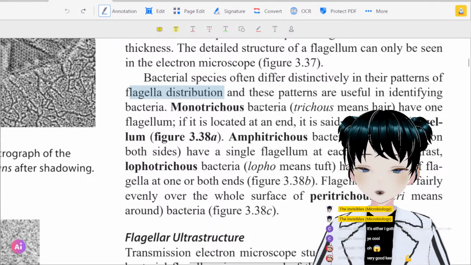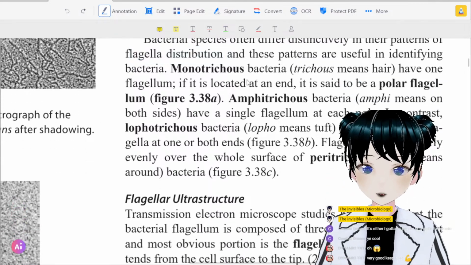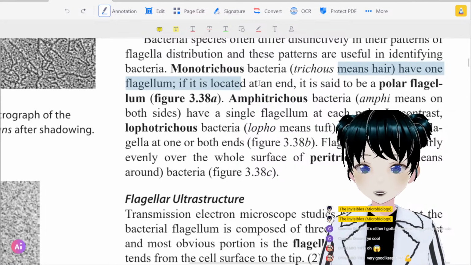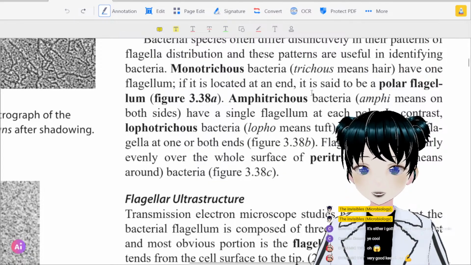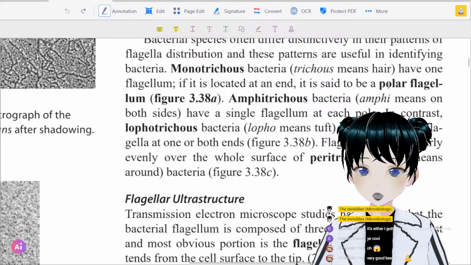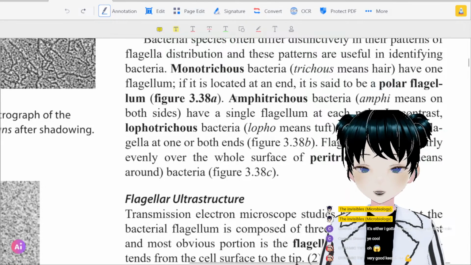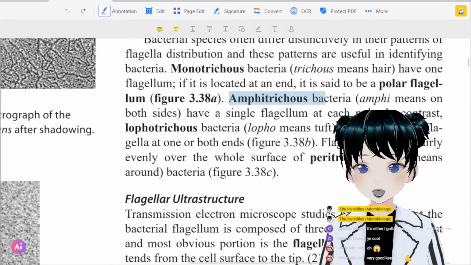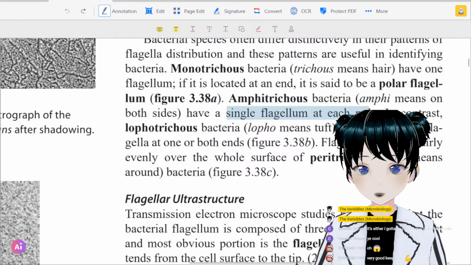Monotrichous means having one flagellum. If it is located at one end only, at one pole, it is a polar flagellum. And amphitrichous means you have a single flagellum at each pole.